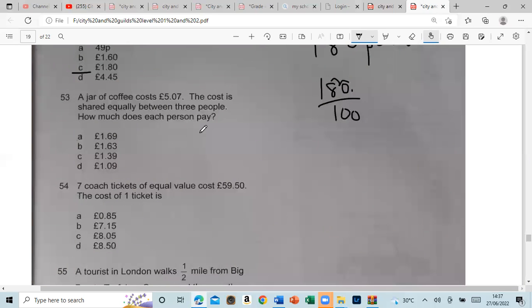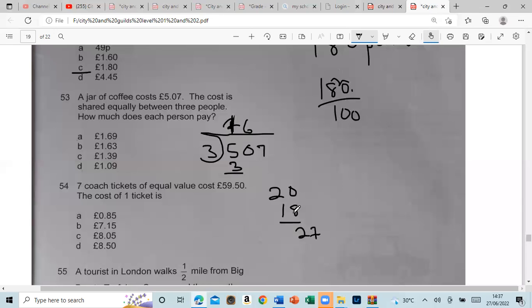Alright, so let us divide it generally. 5 and 7 is 2 times 1. 3 ones 3, subtract, we get 2. 5 and 0, 3 18, whatever you 2, and then 5 and 7. 3 to 27, 9, so that will be 1.69.